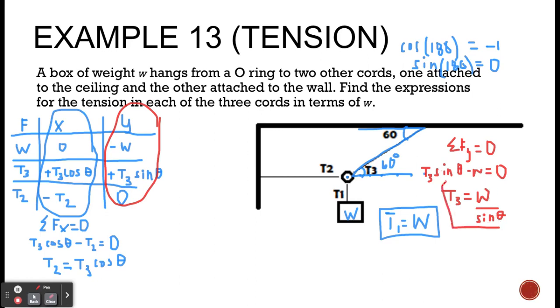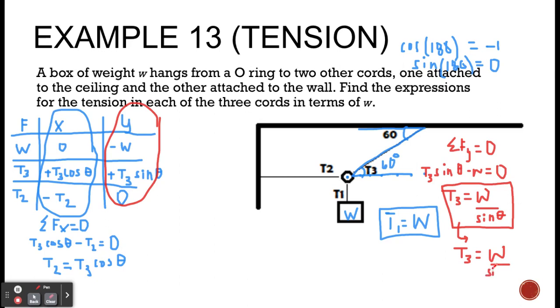Okay, so we have the expression in terms of W and a constant. So that one works there. T3 is equal to W over the sine of theta. We could go one step further here and plug in for sine theta, because we know that theta is 60 degrees.